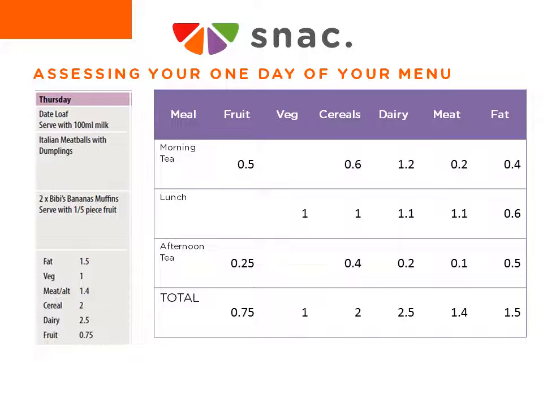With regards to the meat, or meat alternatives, the meatballs are made with mince, so that's the bulk of the meat, but there is egg, which is obviously a meat alternative in the date loaf and banana muffins, so that's how we come to the 1.4 serves there. In terms of fat, yes, there was fat used in the muffins and the loaves, and the meatballs would have been cooked with a little oil, so we have actually achieved the required serve of 1.5 serves in the fat group.